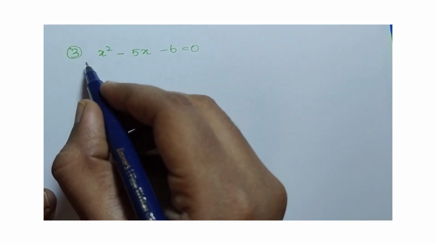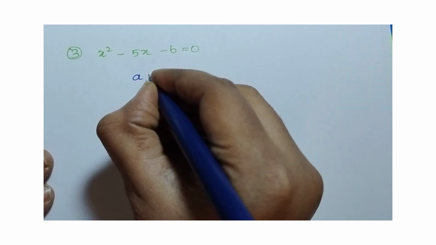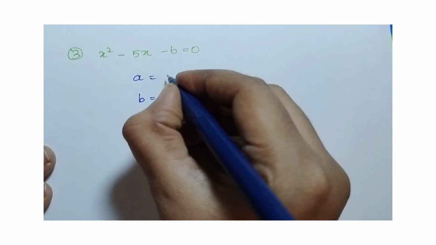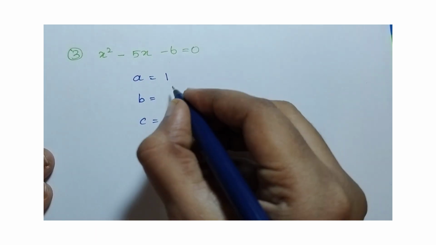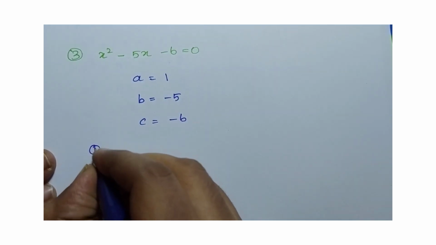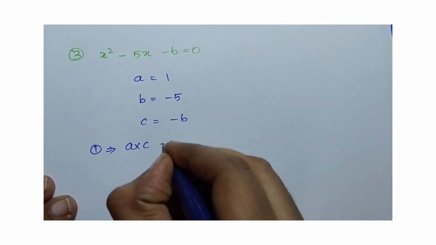Okay. If you see this third equation, first I am going to take the values for a, b, c. Here a is 1, b is minus 5 and c is minus 6. First step, what we have to do? I'm going to multiply a and c.